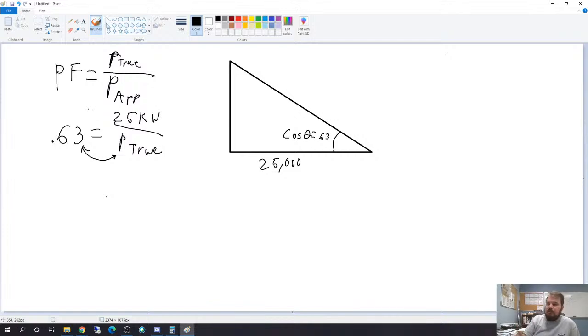Using algebra, basically all we do is swap those two sides. So, true power, or this isn't true power, I apologize, that's apparent power.